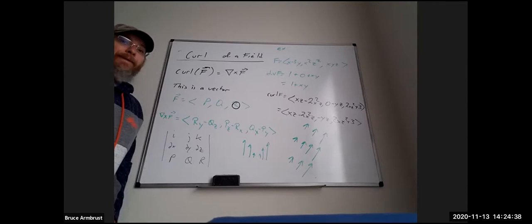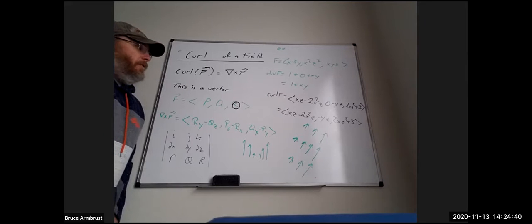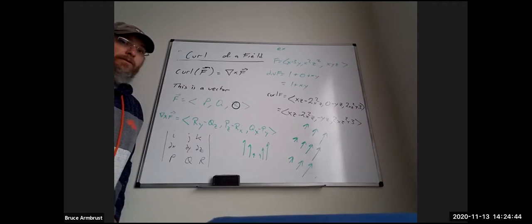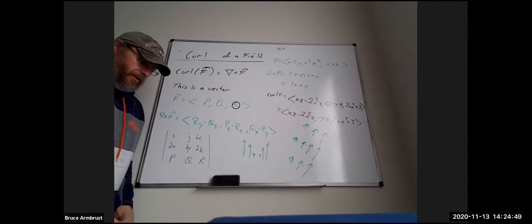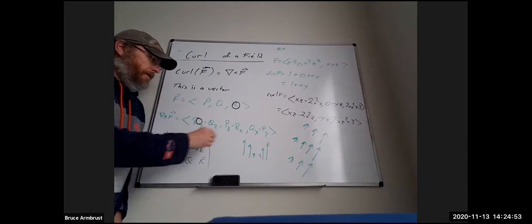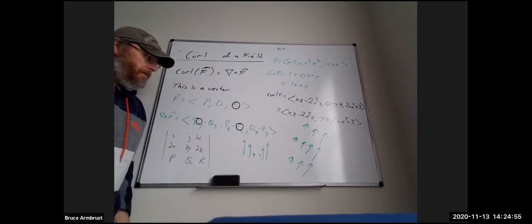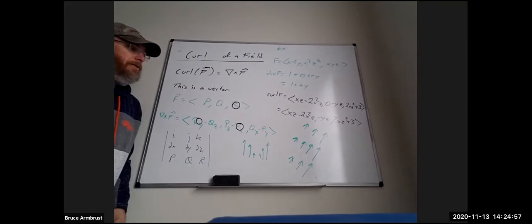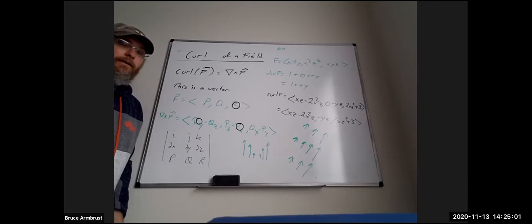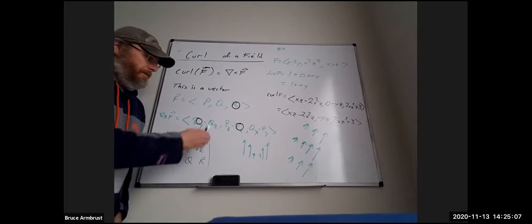Well, check out what happens. All of the things that have R's are now 0, because there is nothing there, so the partials would be 0. So this is going to be a 0, this is going to be a 0. And also, all of the partials that have anything to do with z are 0, because there are no z's anywhere if it's two-dimensional.